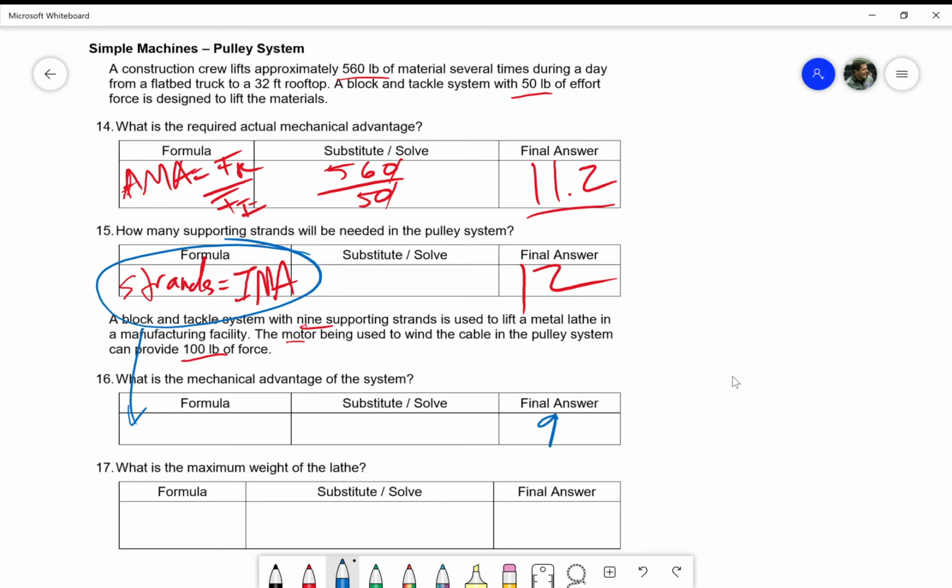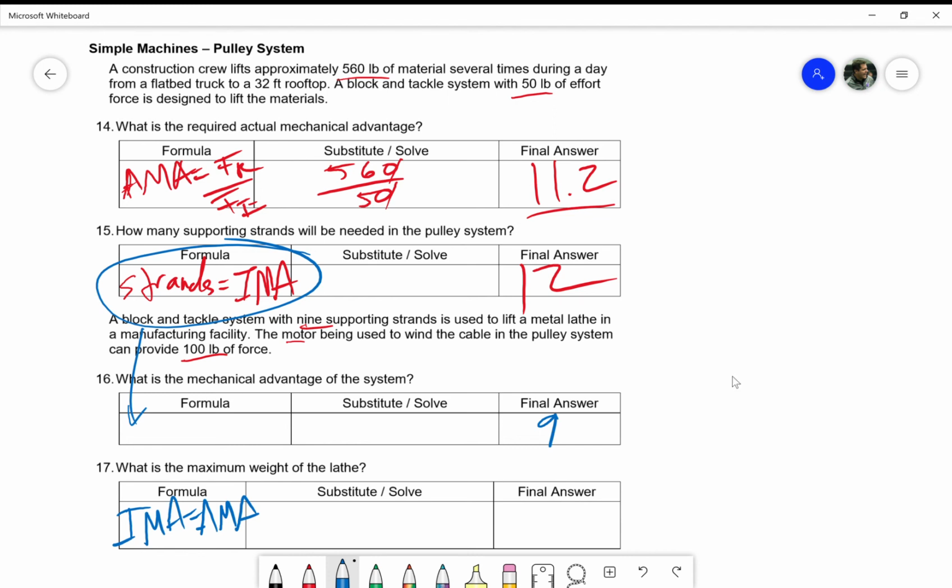Then we move on to the maximum weight that we can lift. So now we're going to do that again. We are assuming 0% or 0 friction loss. So IMA is equal to the AMA. The IMA, we're not going to have the fraction. We just have the number.